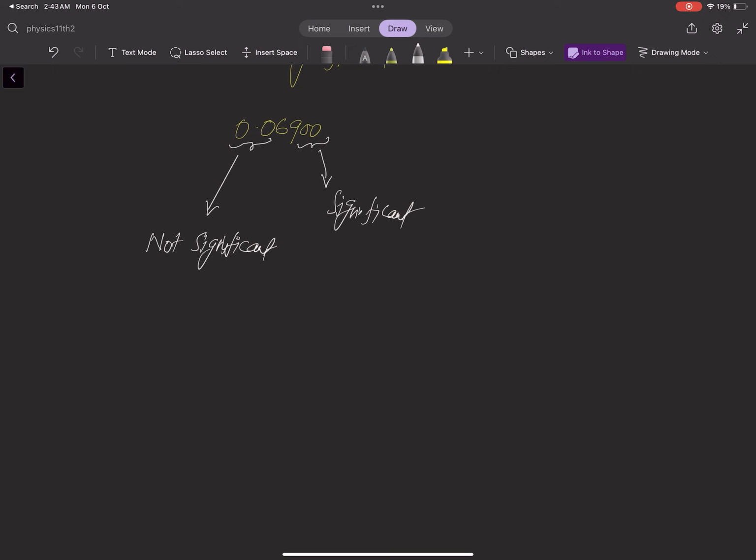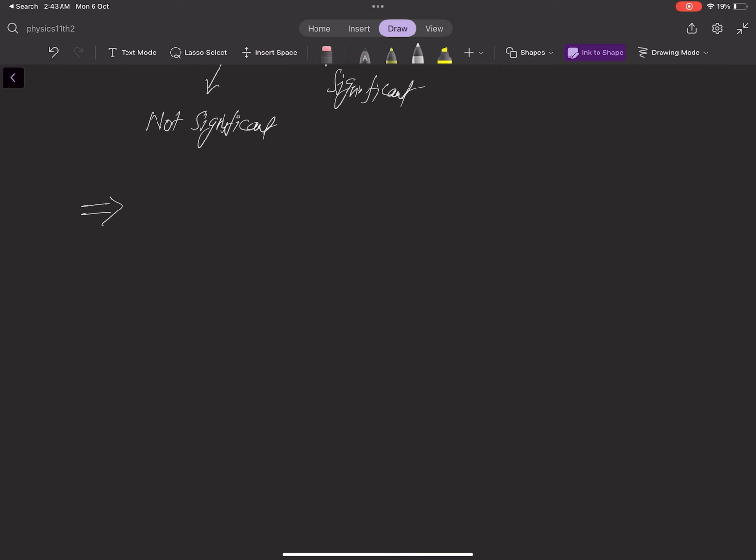Now let's take one confusing problem. Suppose the length is reported to be 4.700 meter. So length is 4.700. Okay, so it can be written as 470.0 centimeter also, and it can also be written as 4700 mm.